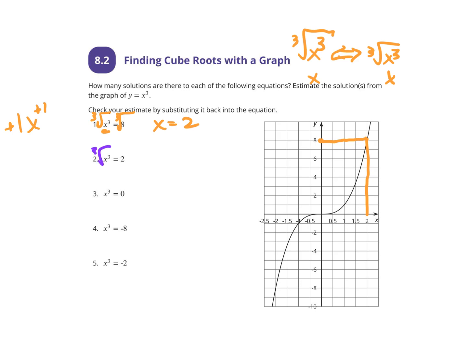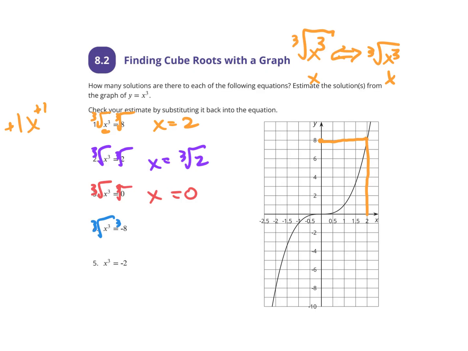To get rid of a cube, you take the cube root. x equals the cube root of 2. Take the cube root on both sides. The cube root of 0 equals 0. Now, here's what's different.